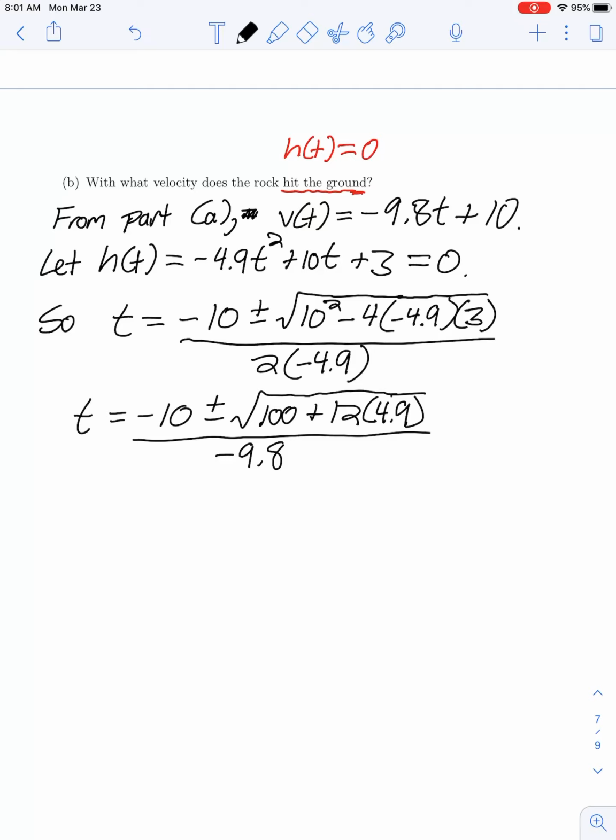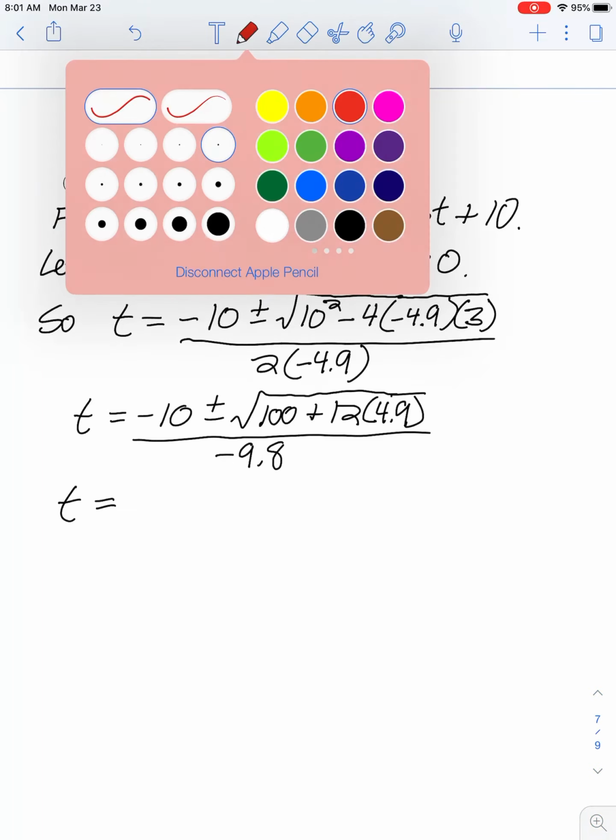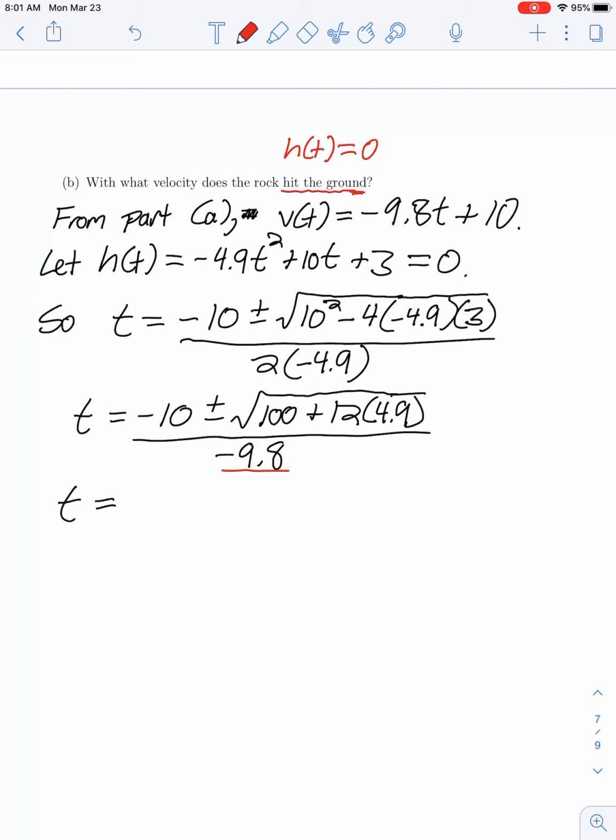And in order for this value of t to be positive, since we are dividing by a negative 9.8, we need our numerator to be negative. So we're going to take the value of t corresponding to this negative 10 minus the square root, so that we would have a positive time.